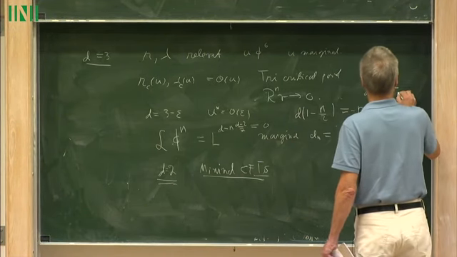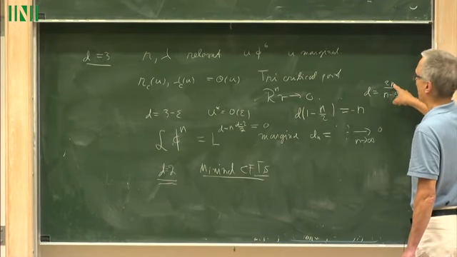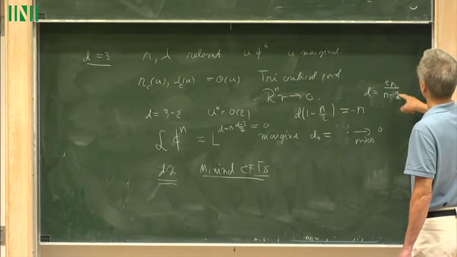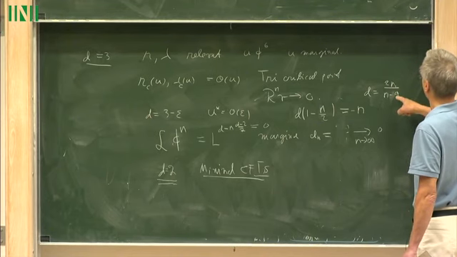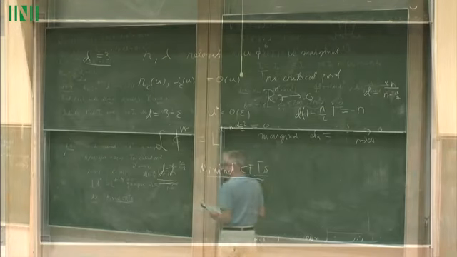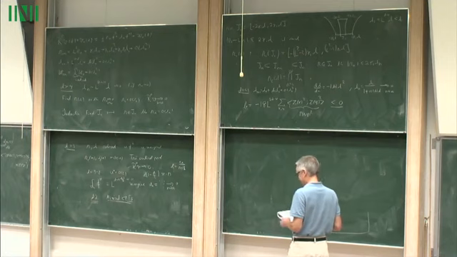Let's check: when n is 6, you get 12 divided by 4, which is 3. Let me leave it for you. I believe in the notes I have the right calculation, but I'm not going to do it.